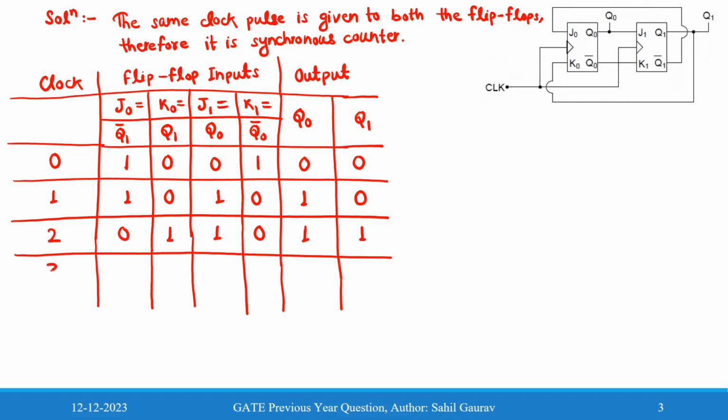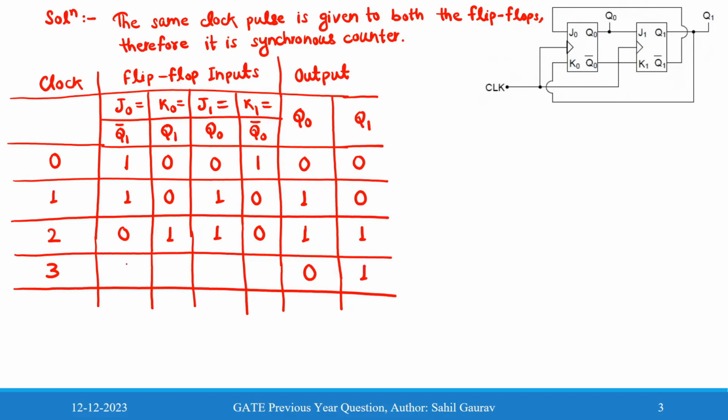Now for the third clock pulse, if the inputs are like this, so we can say that if J0 is 1, K0 is 1, then the output will be reset condition, so it will be 0, and J1 is 1 and K1 is 0, then the output of the second flip-flop will be set condition, so Q1 is 1. Now we will fill the table.